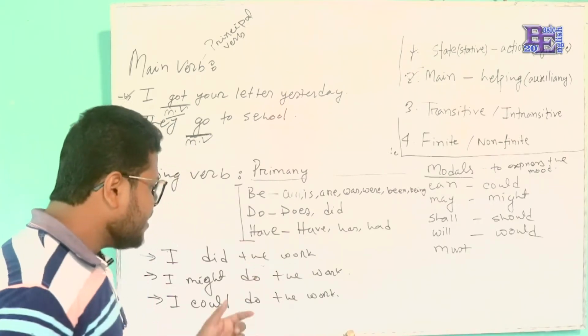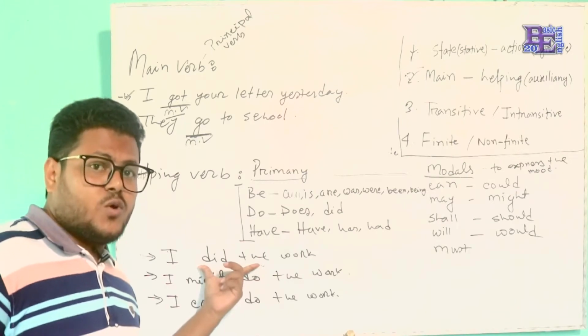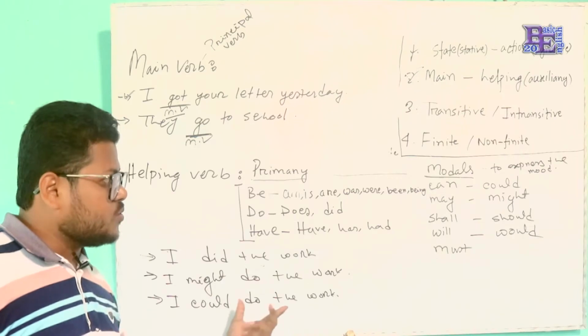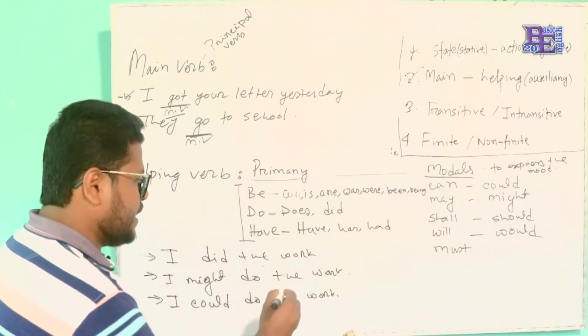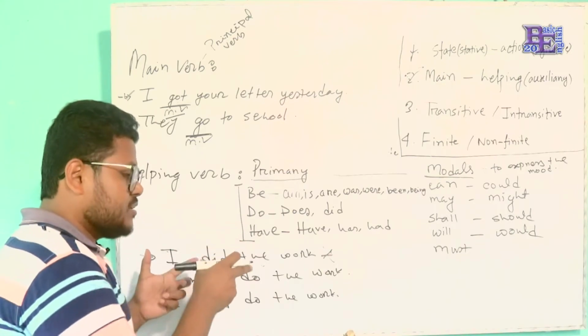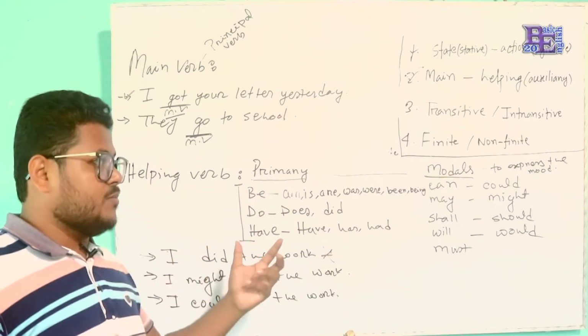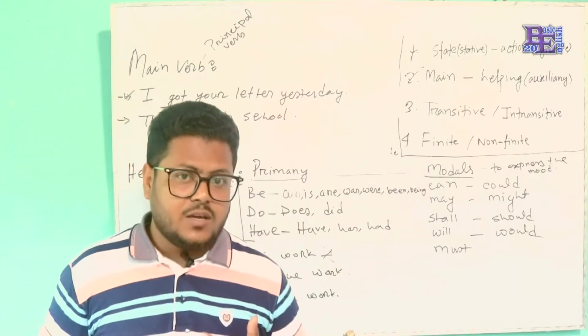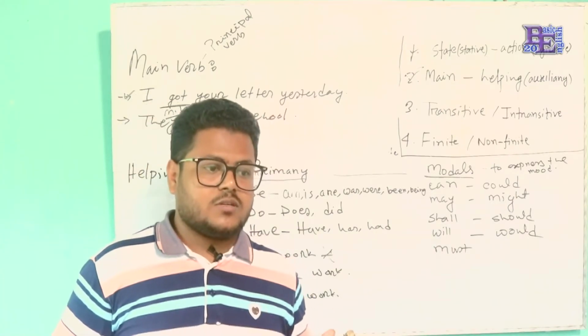So this is not exactly what I am talking about. I am just talking about might, could, and some other verbs. This sentence is not in our discussion, but I have just written it to make a comparison with the modals.